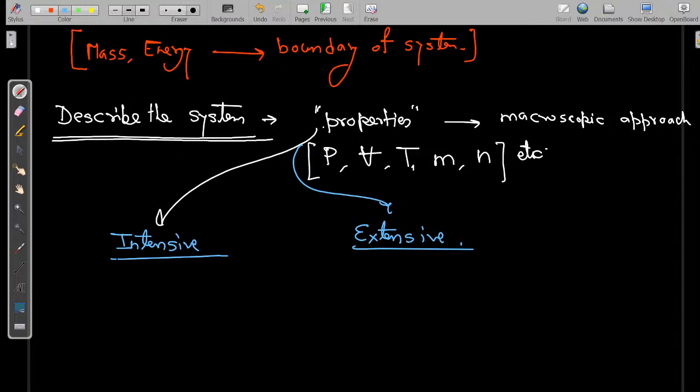Okay, extensive property means the properties which scales with the size of the system.